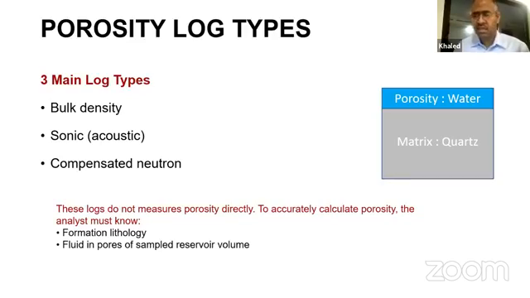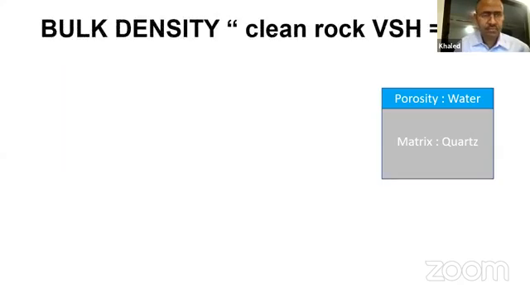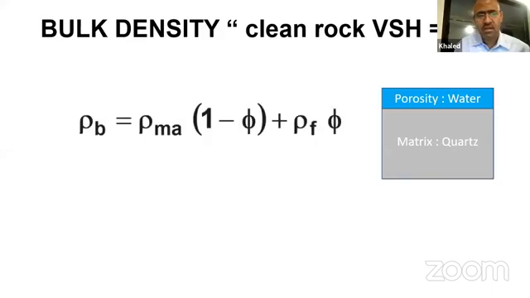As I said, my advice for you yesterday, always start simple. Always start simple. Use an Excel and start simple. So for a bulk density for a rock with no shale, simply the density is equal to the mixed densities of the two elements.